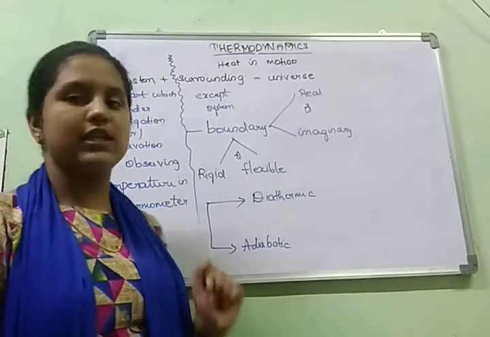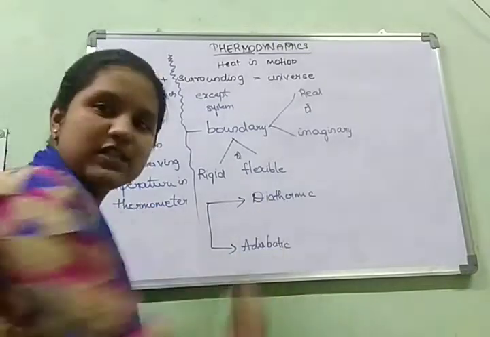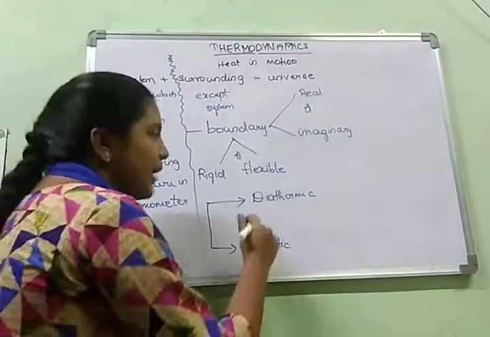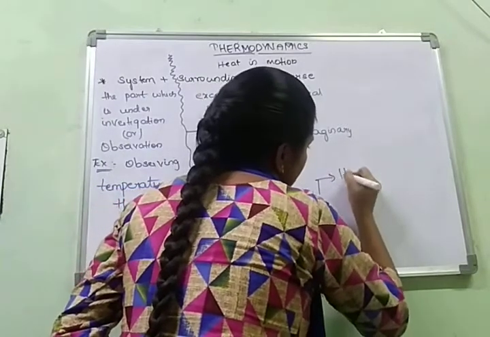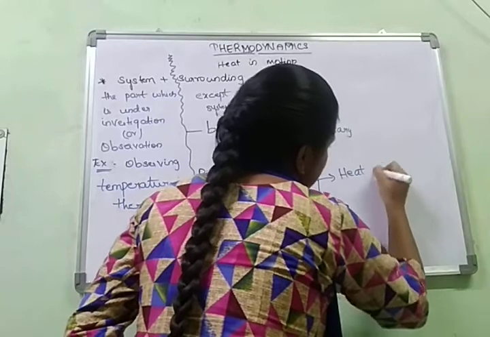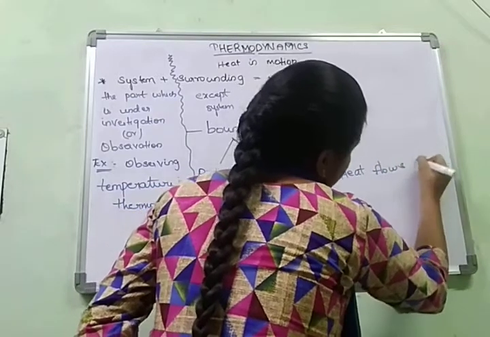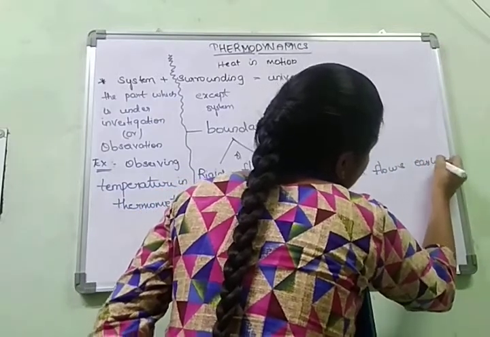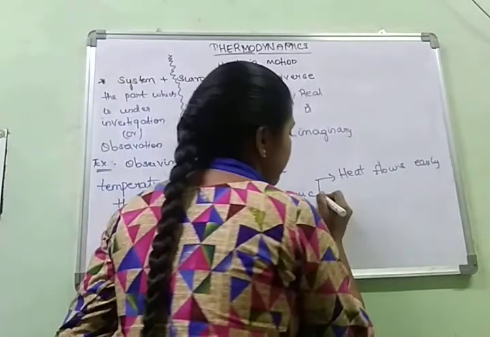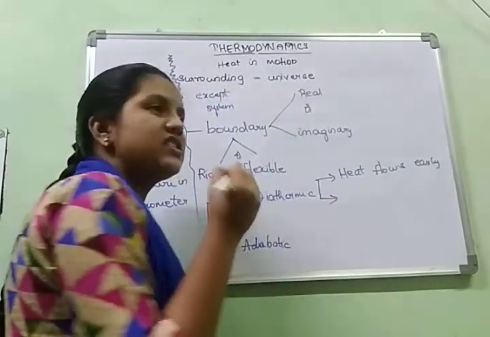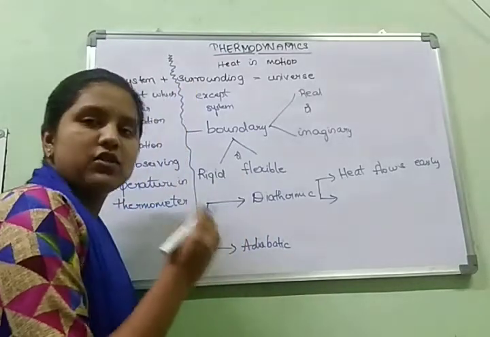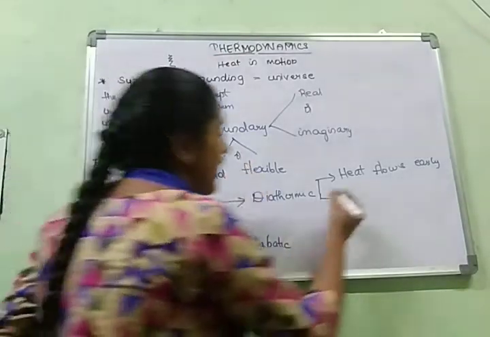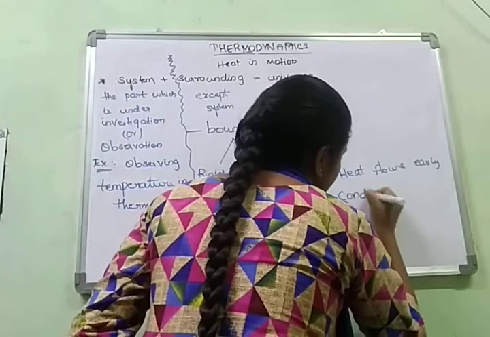Till now everything is clear, right? What is meant by diathermic? Diathermic is nothing but where heat flows easily, because the walls of that system are made up of conducting material.